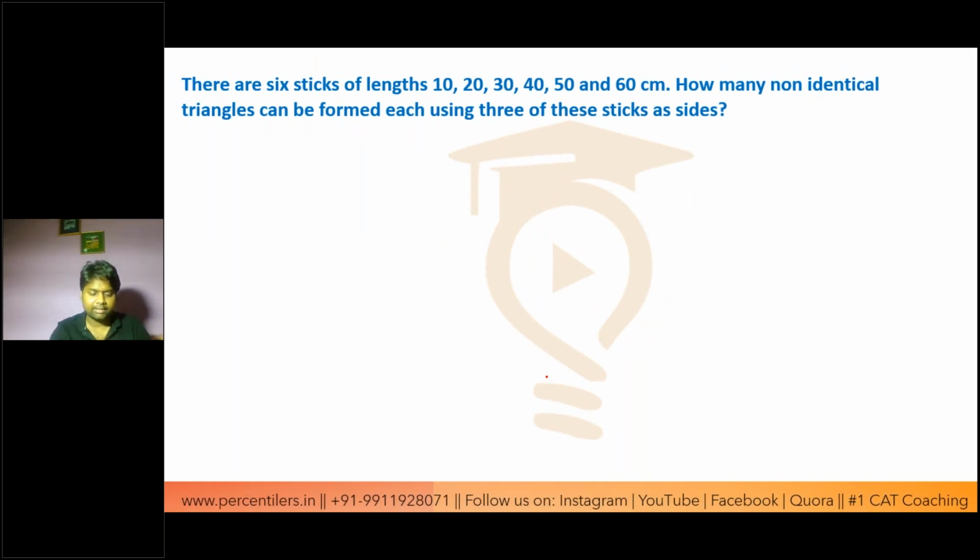You have to manually count. And I want to tell you that the answer is a single digit positive integer. So if you are doing like 6C3 and you are getting 20, तो गलत आंसर है, क्योंकि वो 20 में से बहुत सारे ट्राइंगल्स इम्पॉसिबल है, बन नहीं पाएंगे.